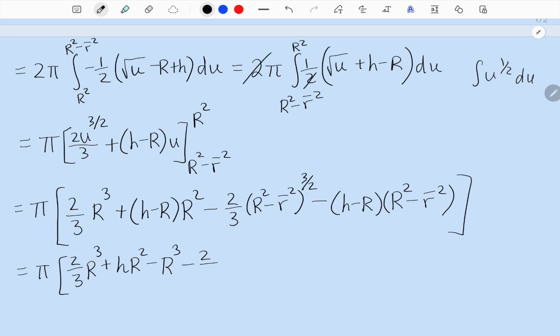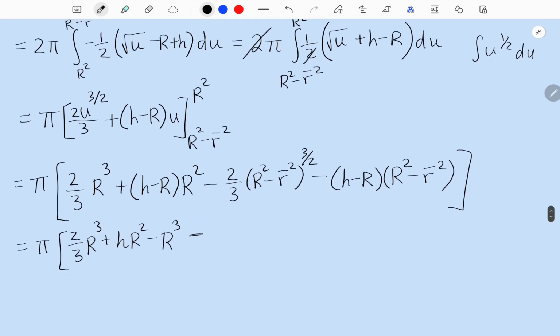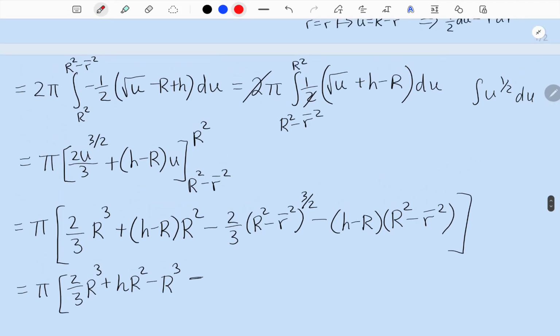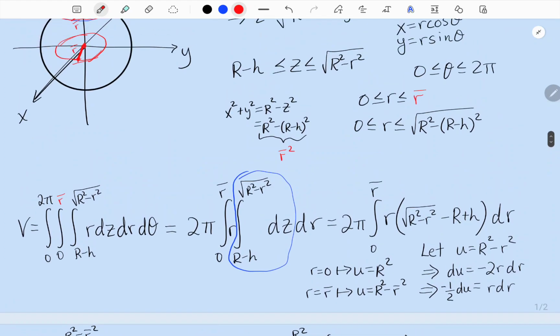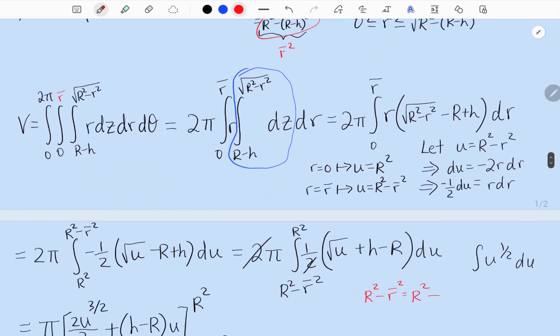Now let's just see, so I just stop right here, so minus, that corresponds with that minus sign. What is r squared minus r bar squared? r squared minus r bar squared is equal to r squared minus, what's r bar squared? R bar squared is this.